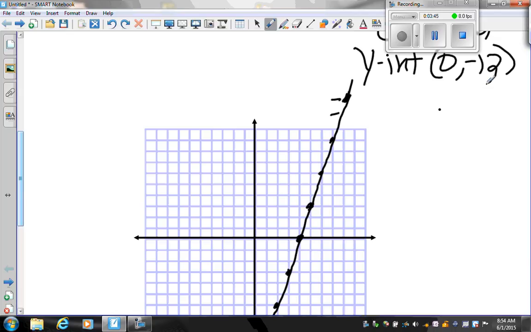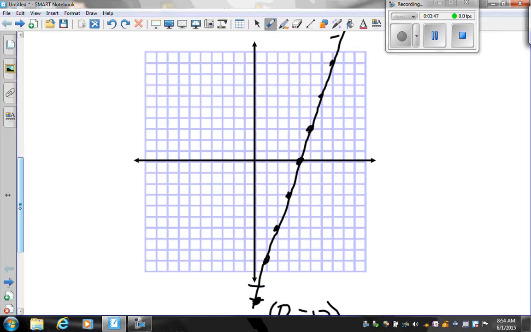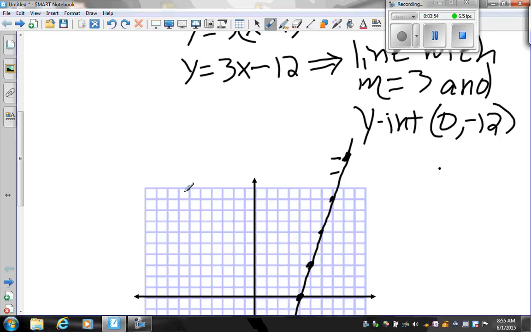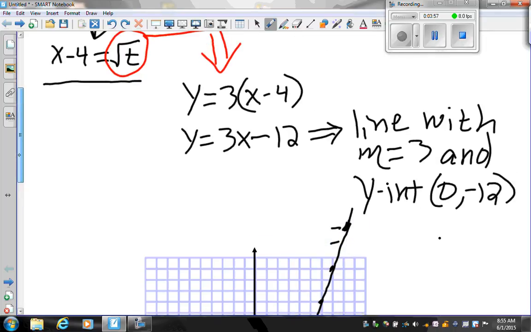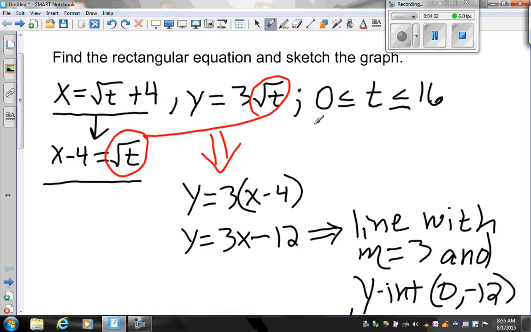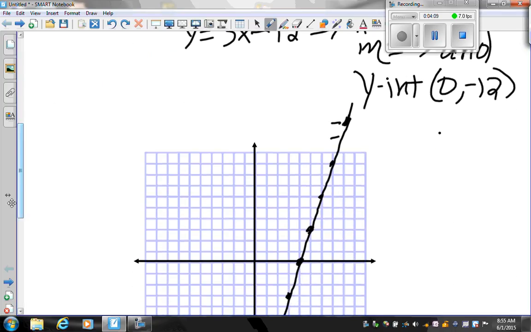Okay. Notice that we've not given any orientation at this point to this line. The graph of a plane curve should include orientation, so we can at least remember something about the parameter. And the orientation runs from the smallest t to the largest t. So let's go ahead. We know that the smallest t is 0, so when t equals 0, x is equal to the square root of 0 plus 4.